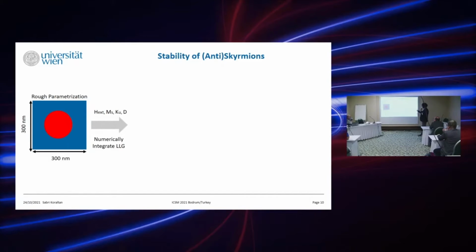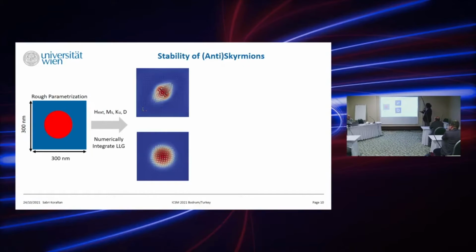Then we vary the saturation magnetization and uniaxial anisotropy in certain ranges, as well as the DMI constant, to find out in which regions the skyrmions or anti-skyrmions are stable.